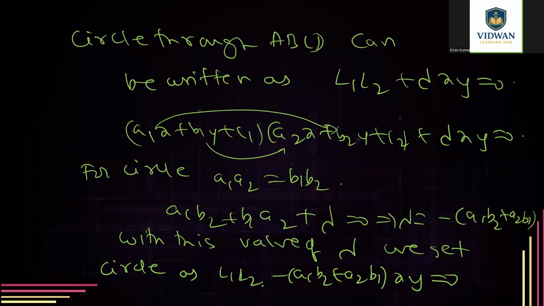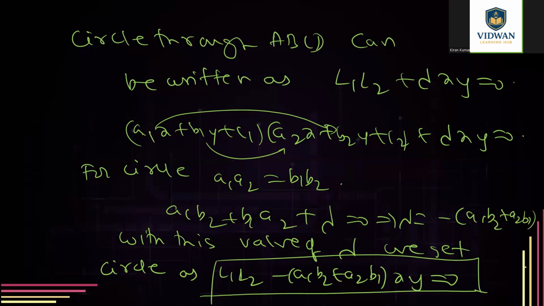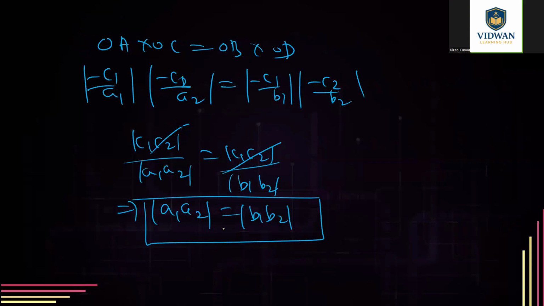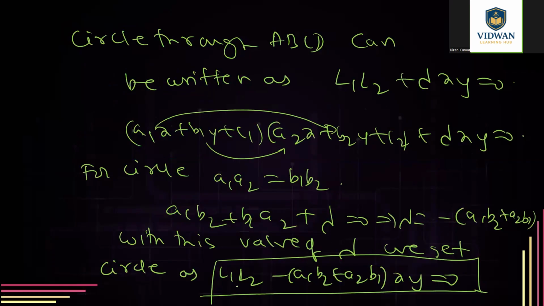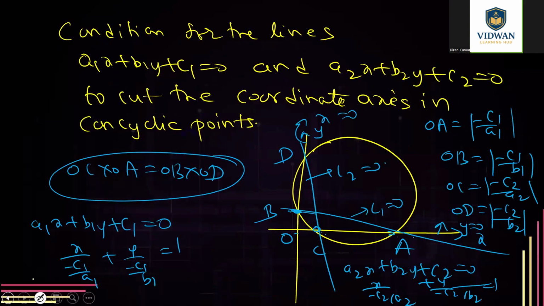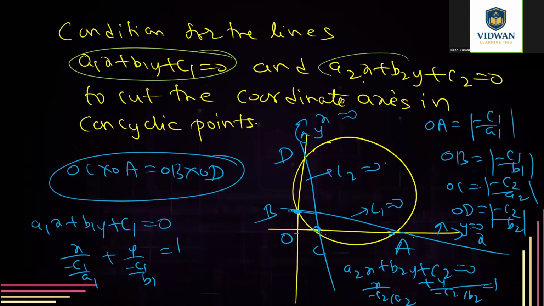So is this clear? So they will ask you the condition for concyclic points, or sometimes they may also ask you directly saying these lines are cutting the axis in concyclic points. What is the equation of that circle? Then straight away we can just use this. L1 into L2 means product of the lines minus of this value into xy equal to 0. So for L1, L2, we just write this is L1 and this is L2.